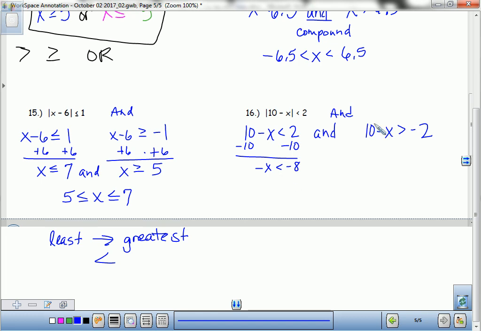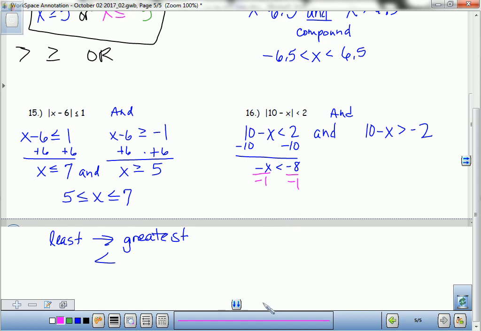Okay, here's our last little weird rule that happens with inequalities. When you're solving an inequality, if you have to multiply or divide by a negative, what happens to the direction of your inequality? It flips, it switches. So to solve this, I have to divide by a negative 1.